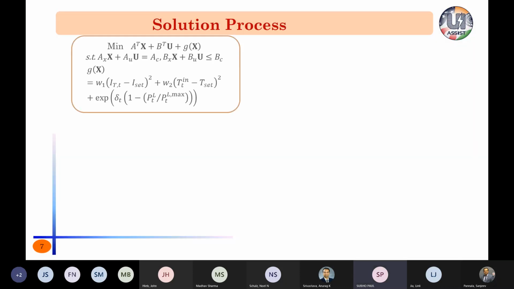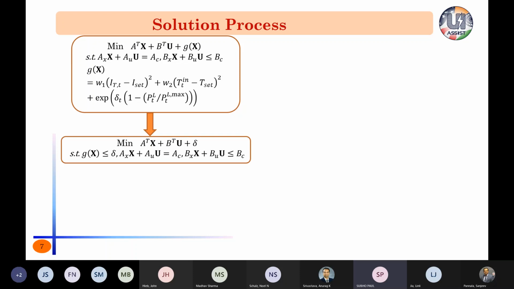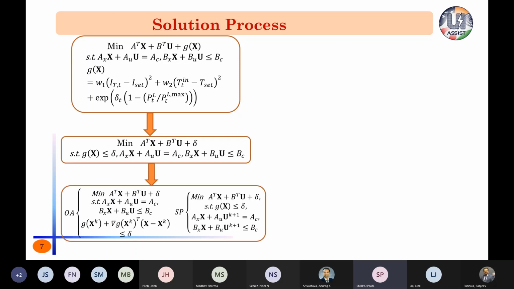For the solution process, first the overall problem is modeled as a mixed integer convex programming problem, which has been segregated into two subproblems. The first one is the mixed integer linear programming problem, which is the outer approximation algorithm, where the non-convex constraints have been modified into their linear constraint counterparts by taking a cut of the convex equations.